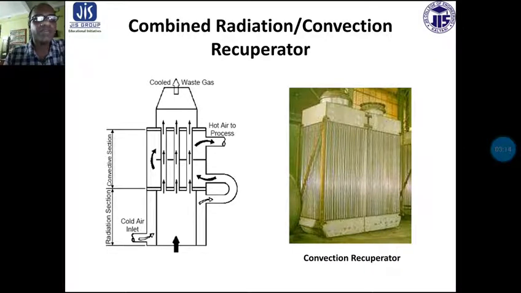So this is the figure of a combined radiation convection recuperator. For maximum effectiveness of heat transfer, combinations of radiation and convective designs are used, with the high temperature radiation recuperator being first, followed by the convection type.